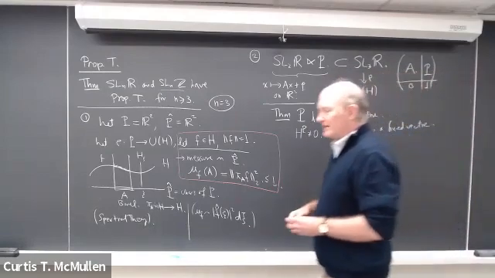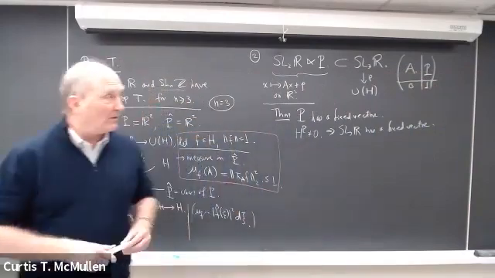So once you get a vector fixed by a small subgroup, you get a vector fixed by the whole group.